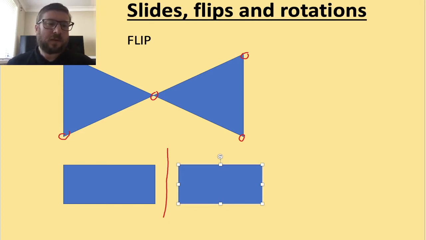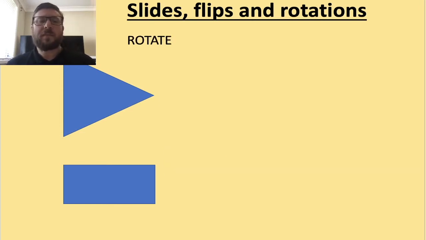Let's move forward to our next one, which is a rotate. Now a rotate doesn't change the position of the shape, but it does change the orientation. So let's have a look at our triangle, again our three-sided shape. And we're going to rotate him around. So let's rotate him from the center. Now as you can see, we've rotated that triangle 90 degrees all the way around.